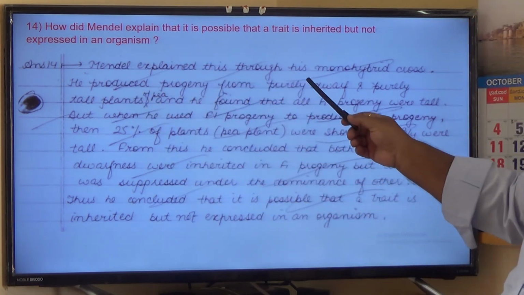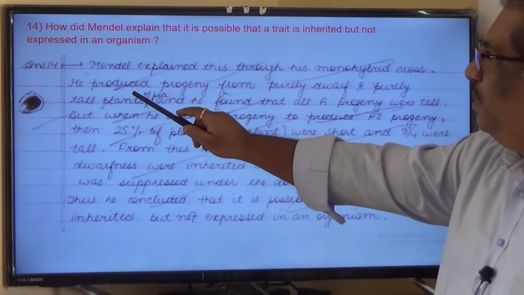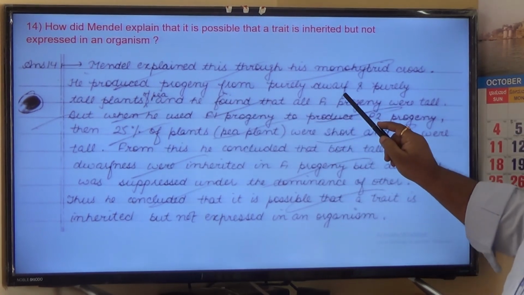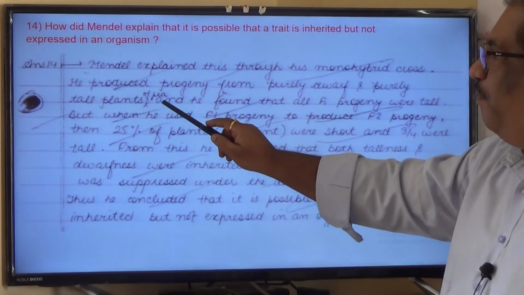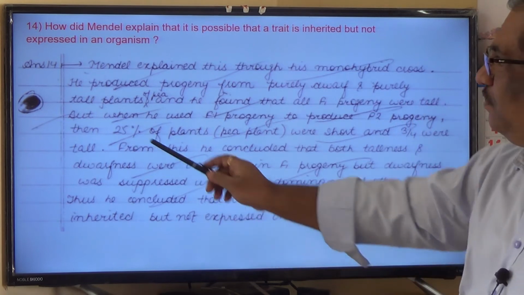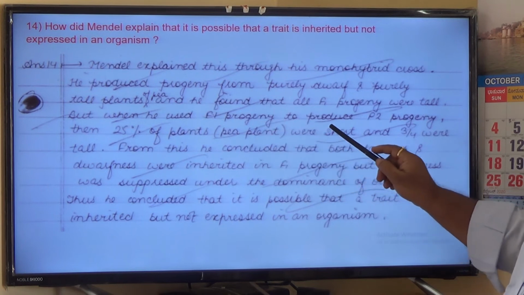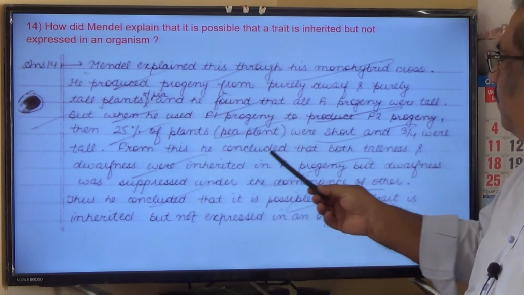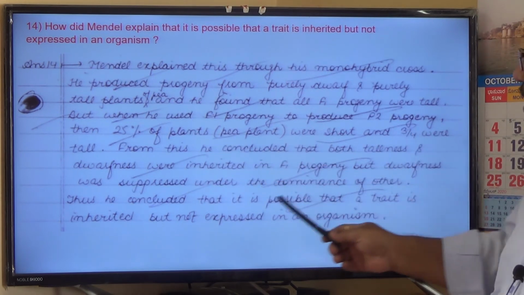Mendel explained this through his monohybrid experiment or cross. He produced progeny from purely dwarf, means purely short, and purely tall plants of P, and he found that all F1 progeny were tall. But when he used F1 progeny to produce F2 progeny, then 25% of the pea plants were short and 3/4 were tall.